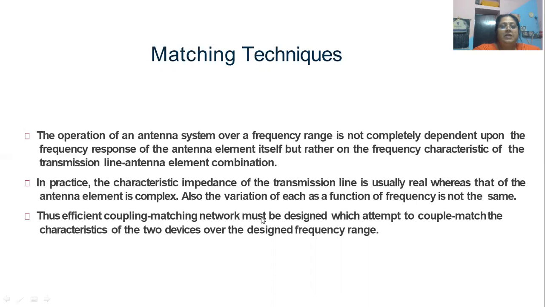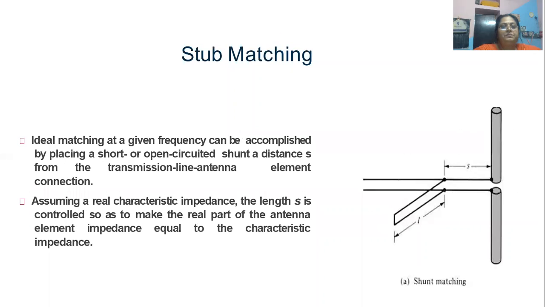So a matching technique is a must, as we have to match the different load nature of the elements and the different frequencies of these two elements. For this, now we'll discuss the first matching technique, that is known as stub matching.